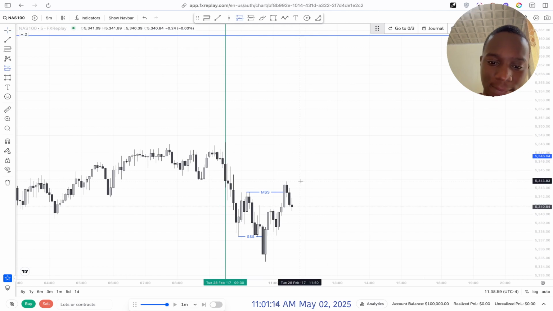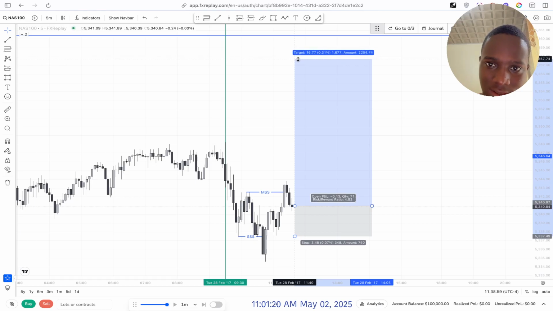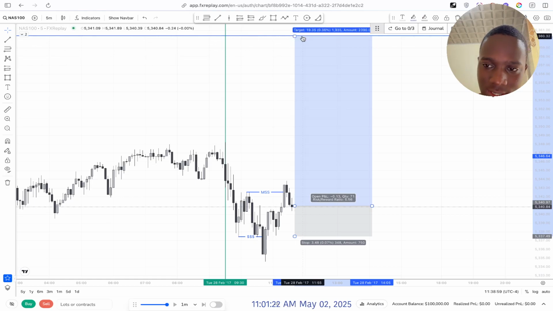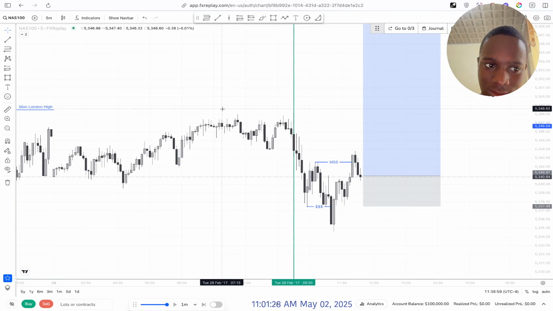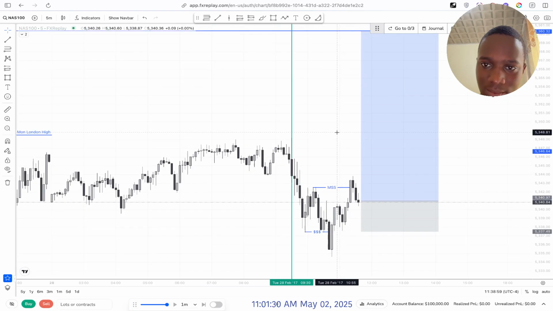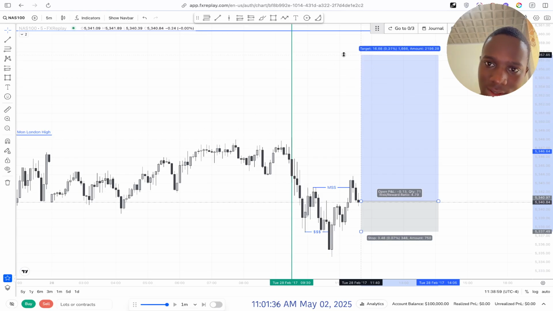And so our entry right here, stop loss below this low, we target the highs right here. Well, wait, the London high is actually here, so we would get our first TP right here, and this London high should give us a 2R, or we will hold it until it reaches there.